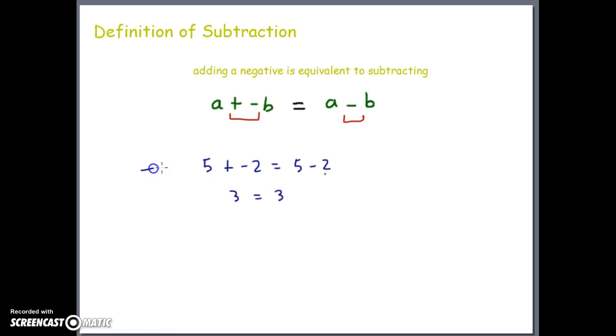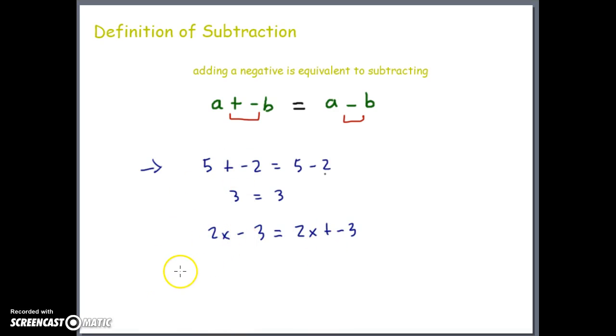A lot of times we can take this double sign and condense it to subtraction, but sometimes in math it's helpful to take the subtraction and expand it to adding the negative. So 2x minus 3 can be rewritten as 2x plus a negative 3. Sometimes we want to take that subtraction and add the negative because it helps us visualize. So these are two examples of the definition of subtraction.